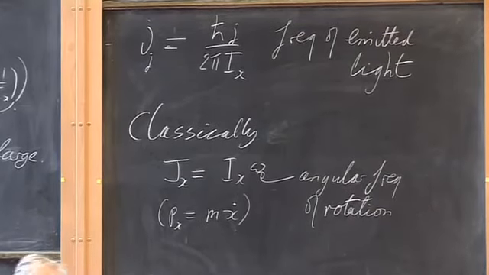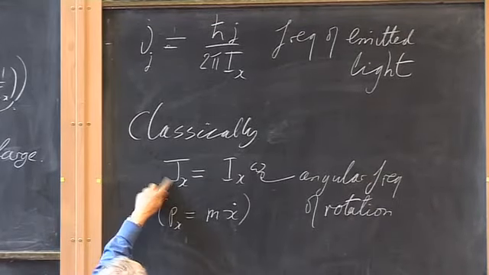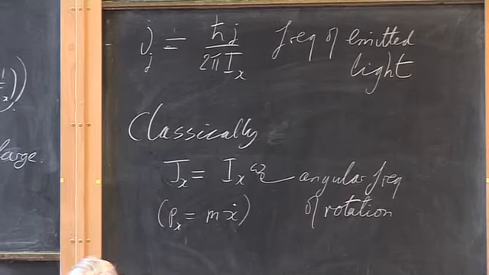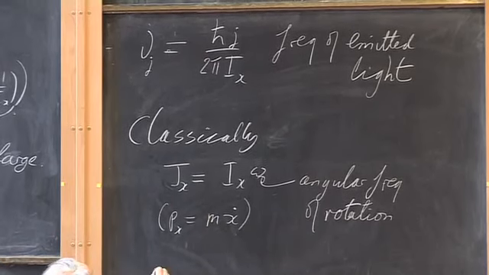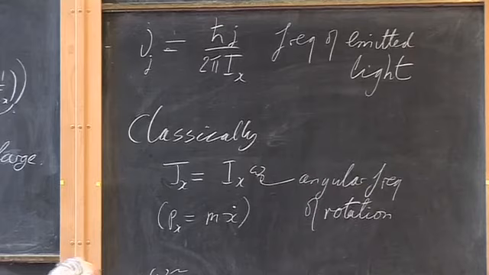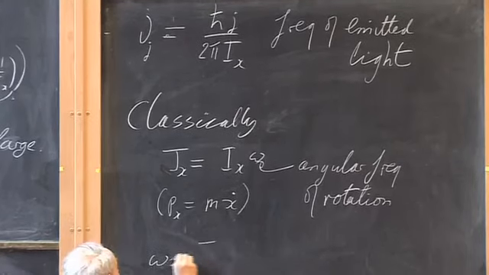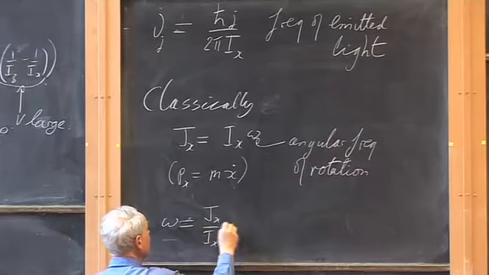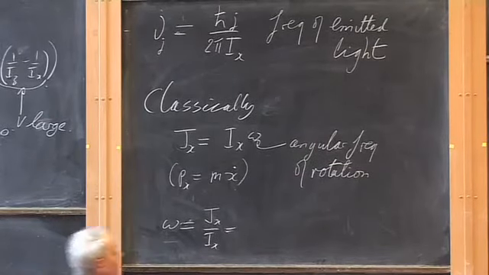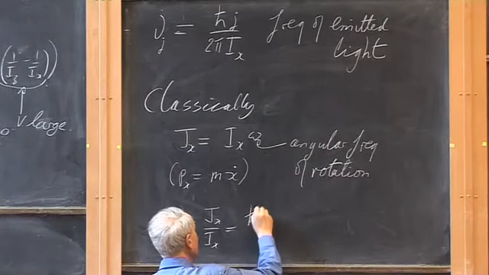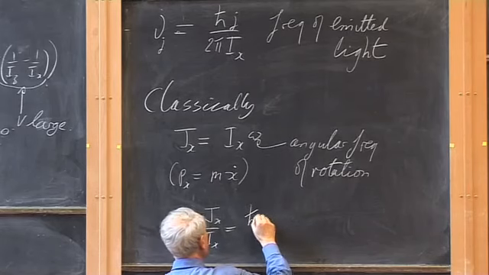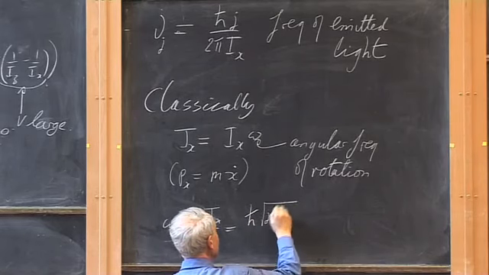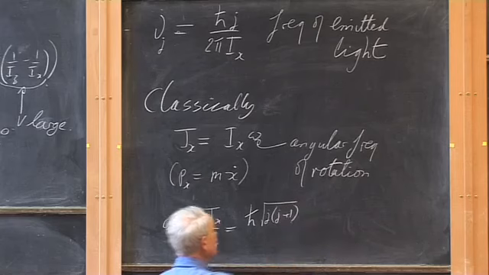So when you're in a state, what do we think that omega should be? Omega should be equal to J_x over I_x. That's classical. Doing it quantum mechanically, this is going to be h bar times the square root of j times j plus 1, over I_x.